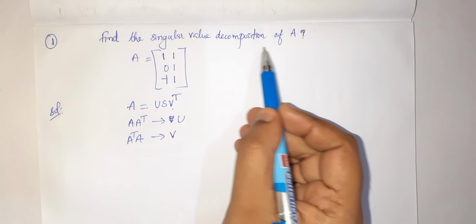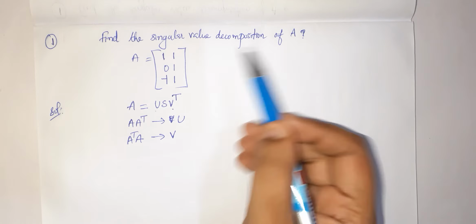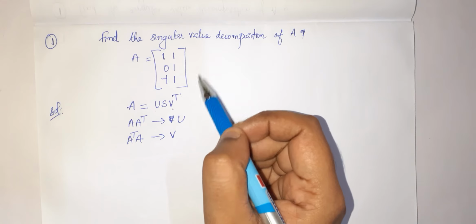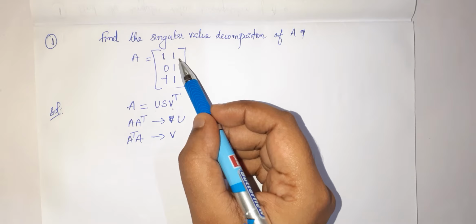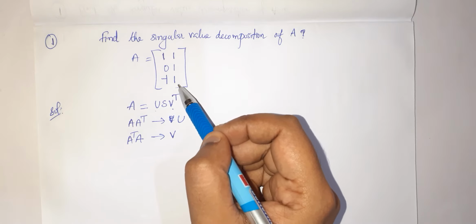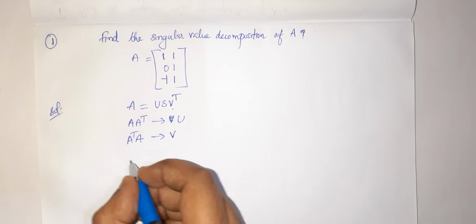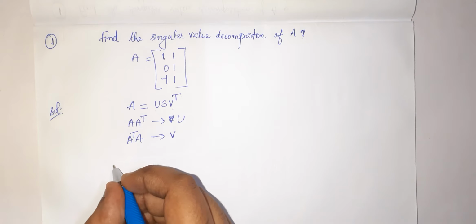Find the singular value decomposition of the matrix A. Matrix A is a 3 by 2 matrix: 1, 1, 0, 1, minus 1, 1. First we can find A into A transpose.